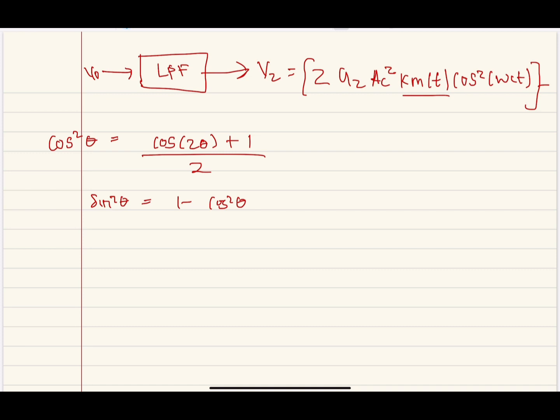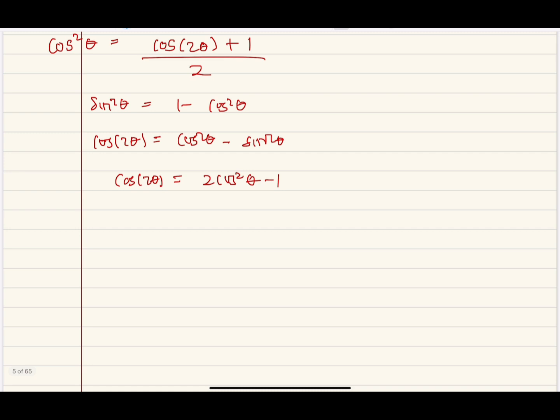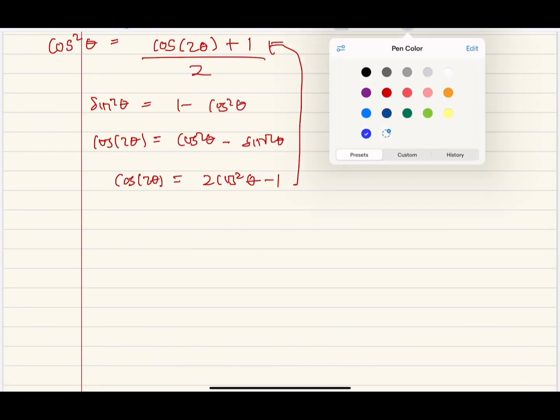And therefore, we can see that cos 2 theta equals cos squared theta minus sine squared theta. In doing substitution, we are going to get cos 2 theta equal to 2 cos squared theta minus 1. And therefore, when we simplify it, that's what we are going to get.